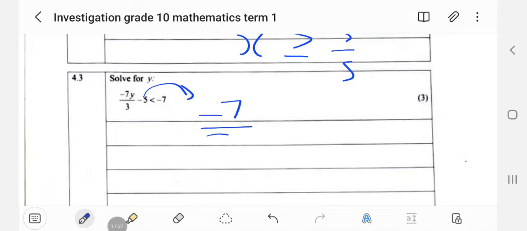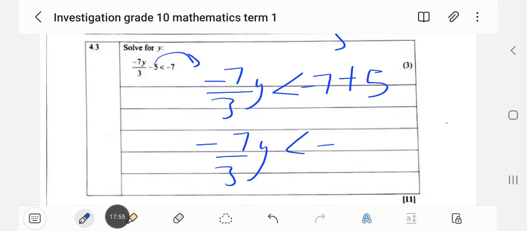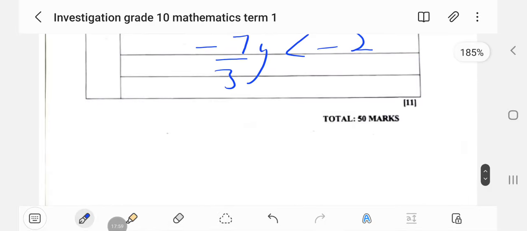What's minus 7 plus 5? Minus 7 plus 5 is minus 2. Minus 2 there. Now, minus 7 over 3 is the coefficient.